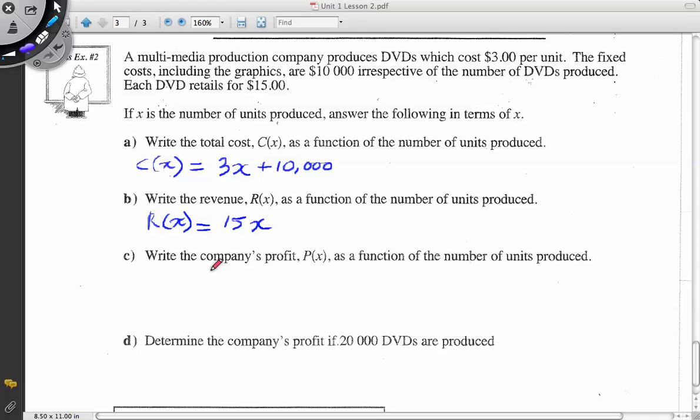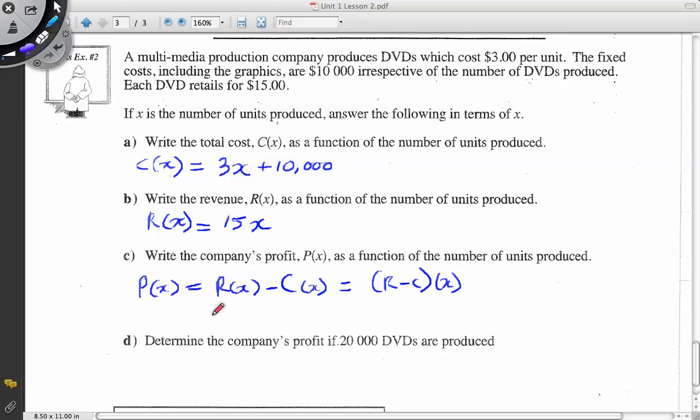Well, profit is just basically revenue minus cost. So profit, another way to write that is revenue minus the cost. We can write it like that, or of course, we can also write it as r minus c of x.